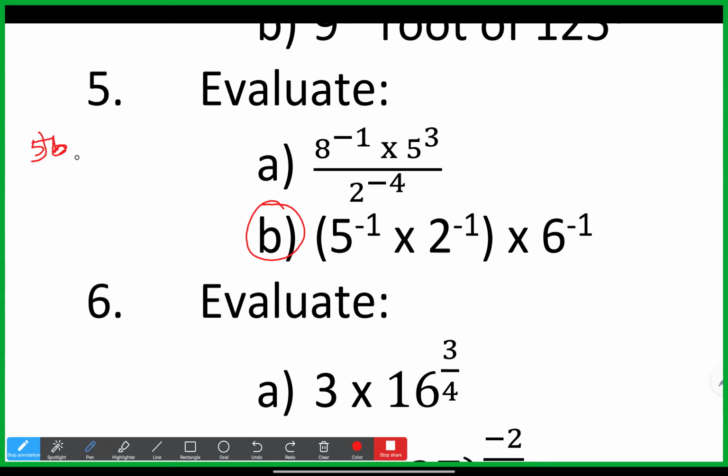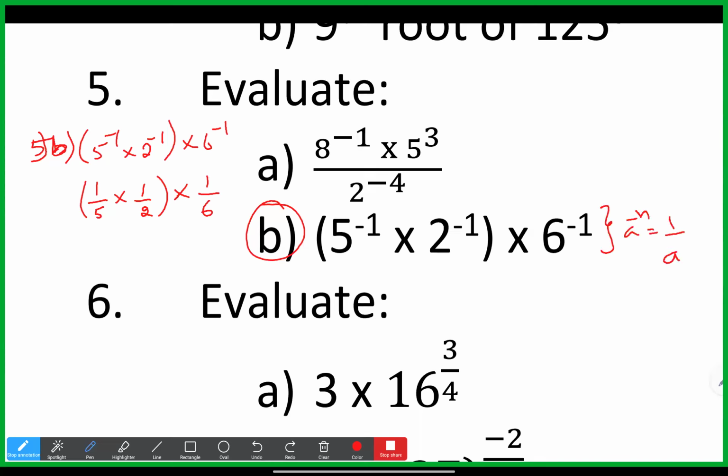Fifth one, B bit: 5 power minus 1 into 2 power minus 1 into 6 power minus 1. So 5 power minus 1 is 1 by 5, 2 power minus 1 is 1 by 2, 6 power minus 1 is 1 by 6. The law which we used is a power minus n is equal to 1 by a power n, for every number.